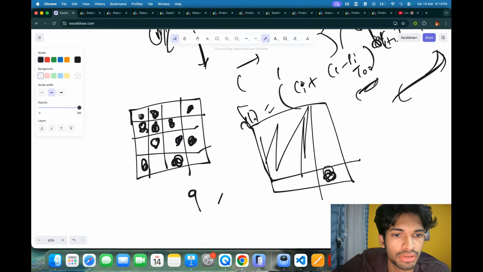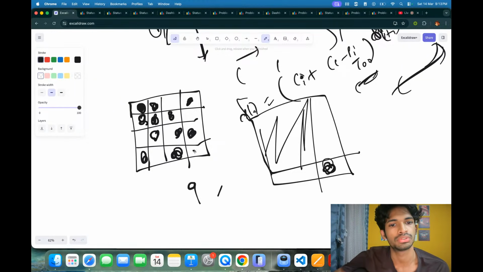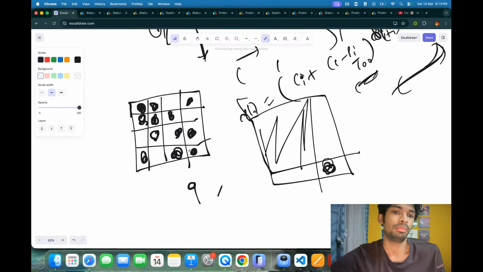We can add one here. Damn. We can add one here too. So what's the optimal way?